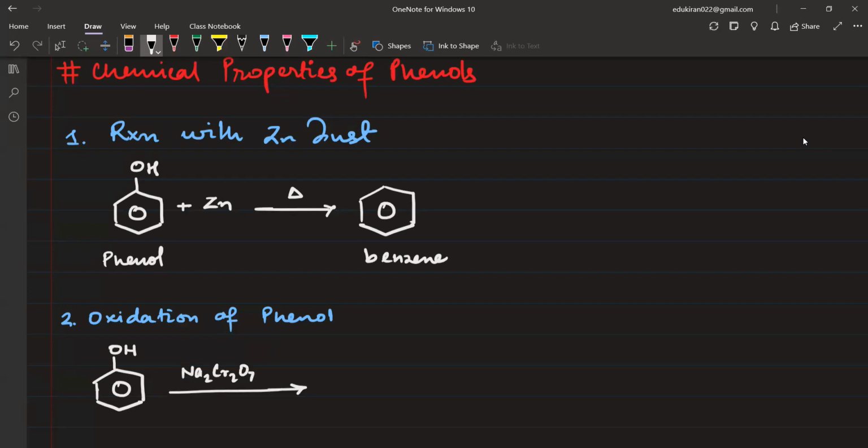Na2Cr2O7, you can use K2Cr2O7 also, in the presence of acids such as H2SO4, then you will get benzoquinone. The structure of benzoquinone is something like this: double bond here, double bond here. Here we have a ketonic group, and here also we'll have a ketonic group. This is known as benzoquinone.